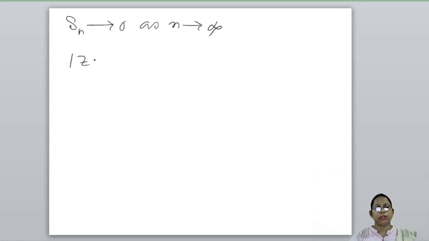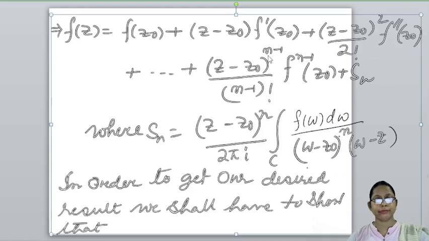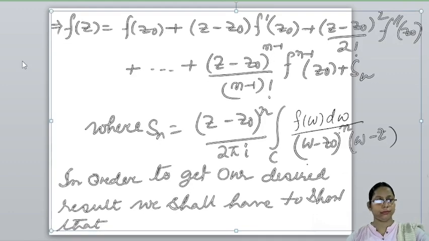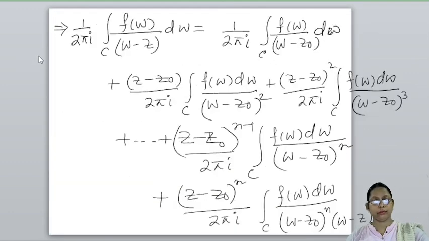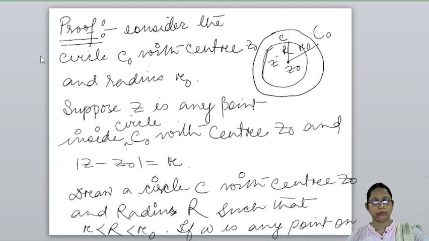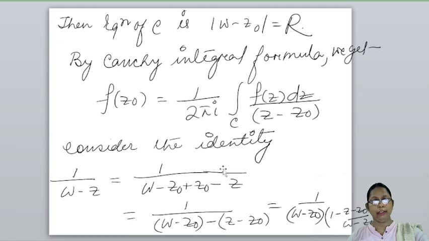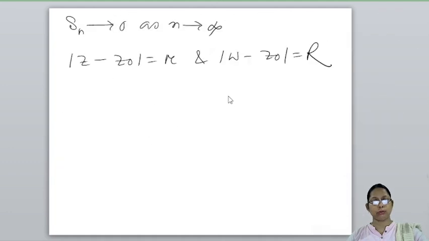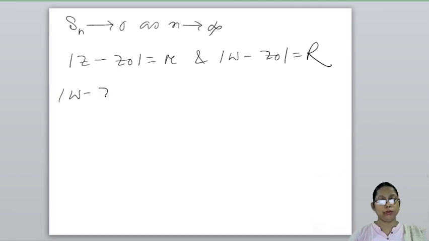It is given that modulus of z minus z naught is equal to small r and modulus of w minus z naught is equal to capital R. Using these two, now find out the value of modulus of w minus z.